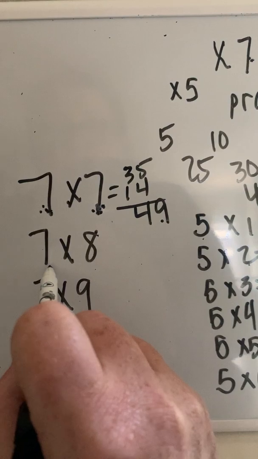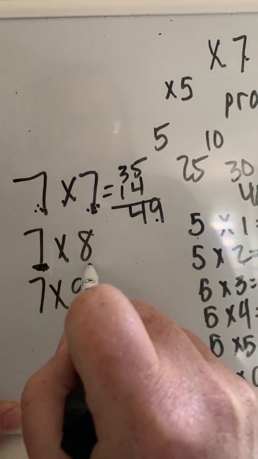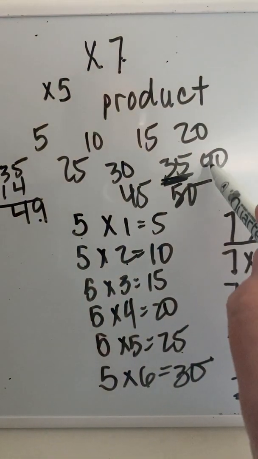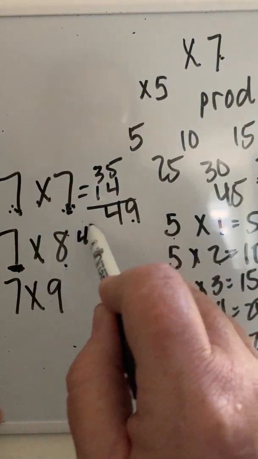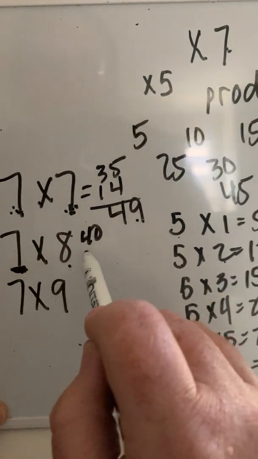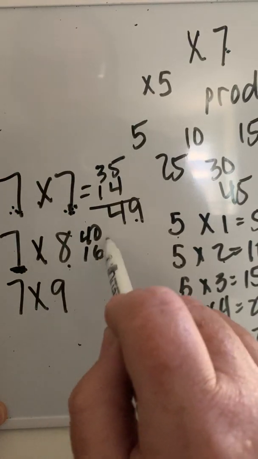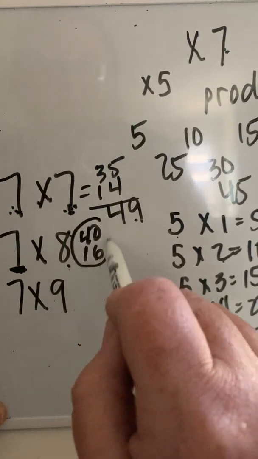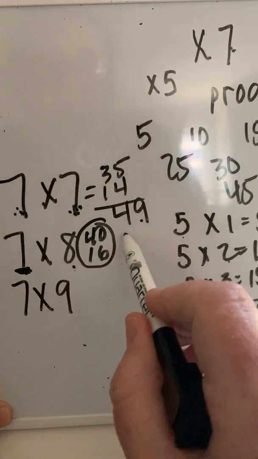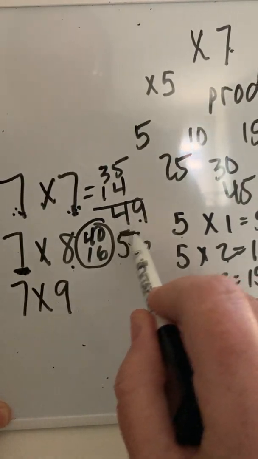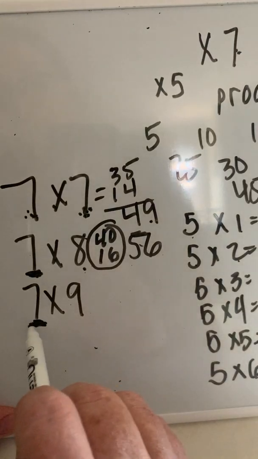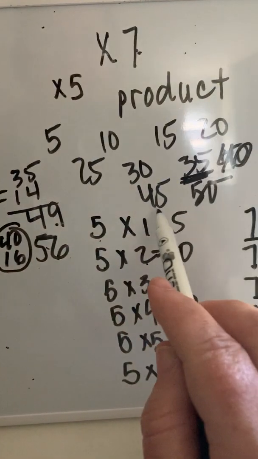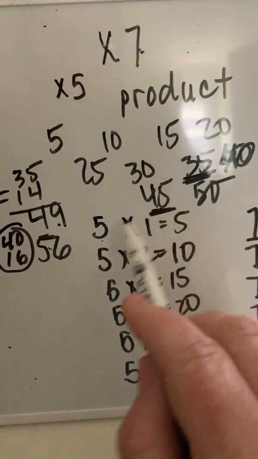Let's do this one. 5 times 8, 40. And 2 times 8, 16. Can you bring those together? 56. 5 times 9, 45.